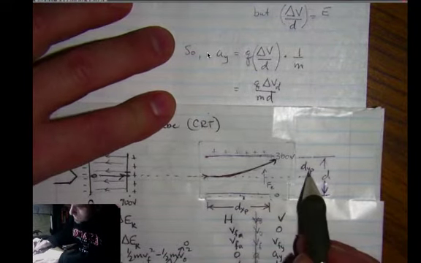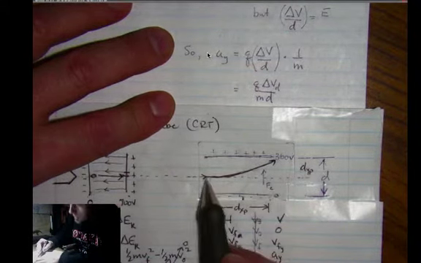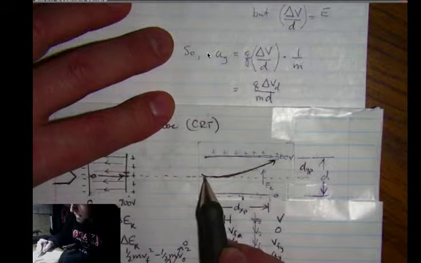And using our intuition and reasoning, we can say, well, this deflection is dependent on how long this force has to act. If I decrease the amount of time the force has to act, the deflection will be smaller. Well, decreasing the amount of time the force has to act is equivalent to decreasing the amount of time it takes for this electron to get from the beginning here to the end.